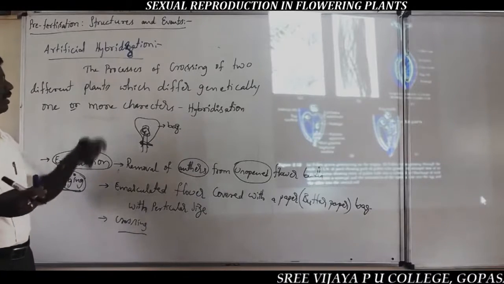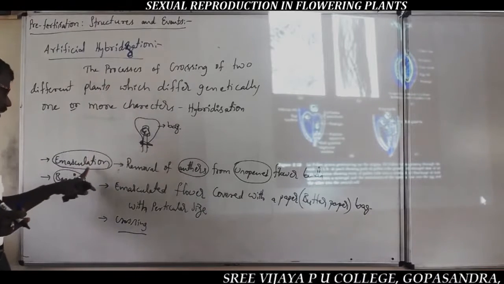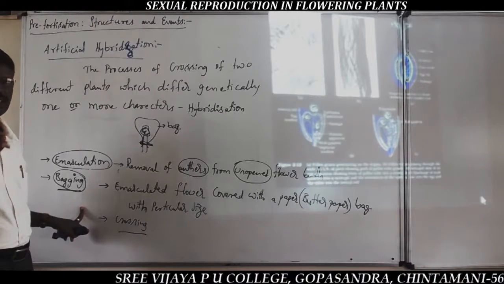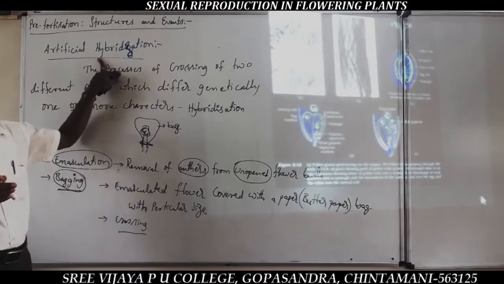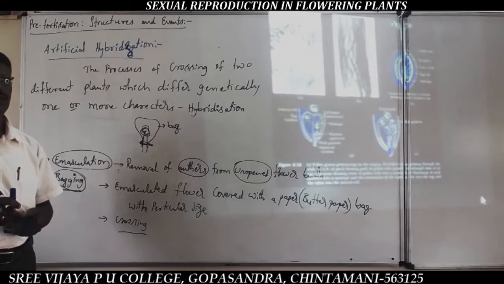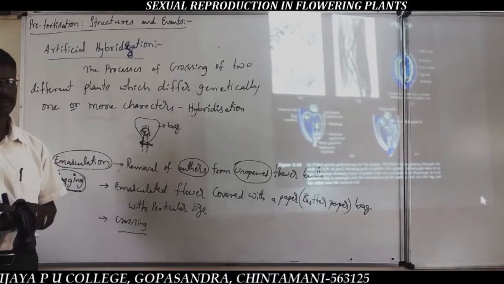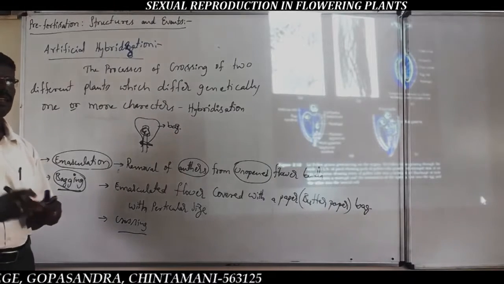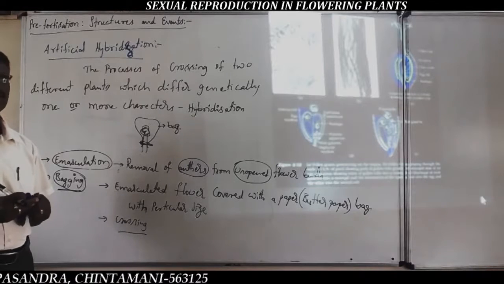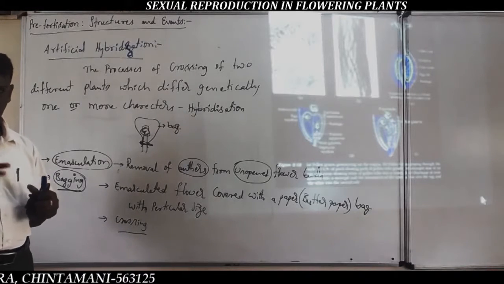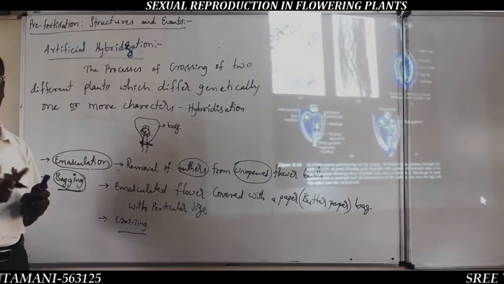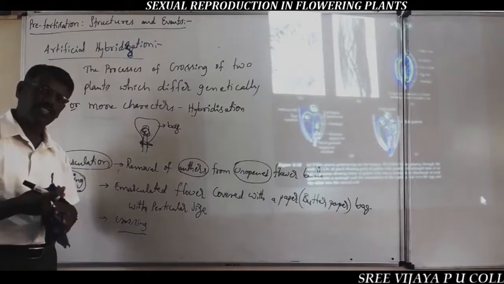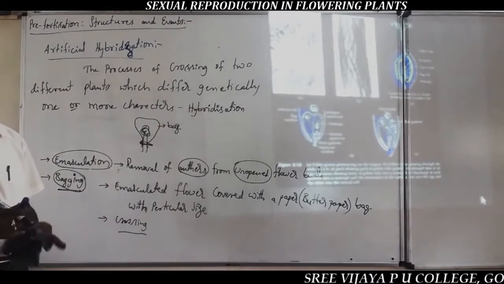These two processes, emasculation and bagging, are the successful processes for artificial hybridization. A plant breeder uses these processes to prepare the desirable plants, the plants which consist of desirable characters.